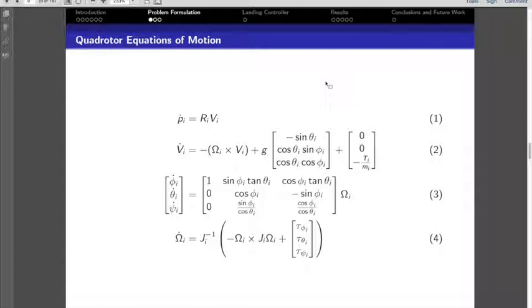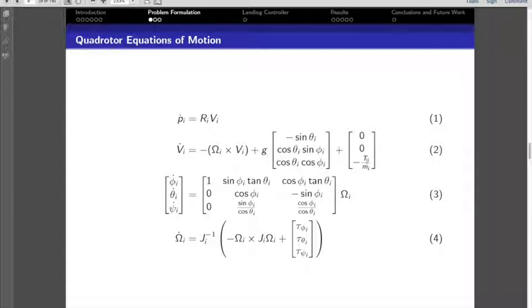Okay, so this is the equation of motion of a quadcopter, and the first equation is the linear velocity in inertial frame, which is this vi is the body frame velocity, and then you have this body frame acceleration vi dot, which is given by this equation, where phi and theta are the roll and pitch angles of the aircraft.